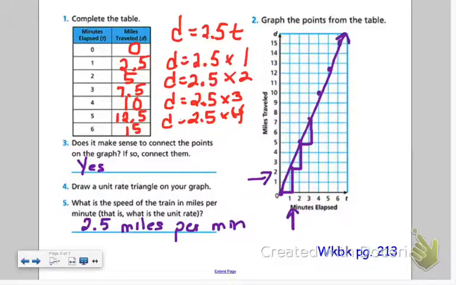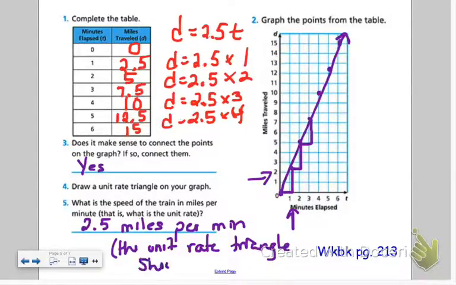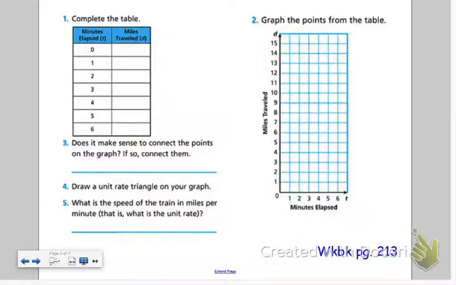And we can see that from the unit rate triangle. Remember how we said the unit rate triangle shows you the unit rate by looking at the vertical height.